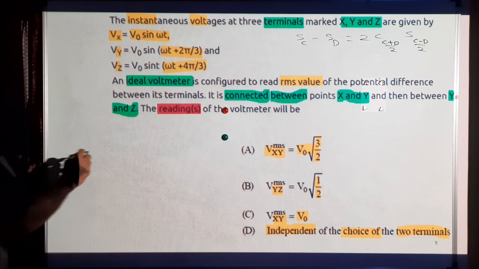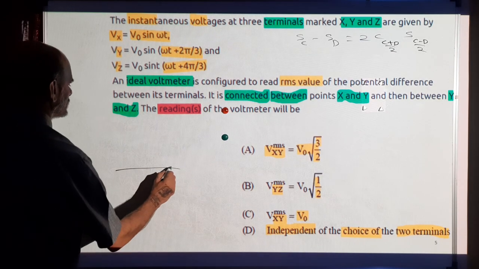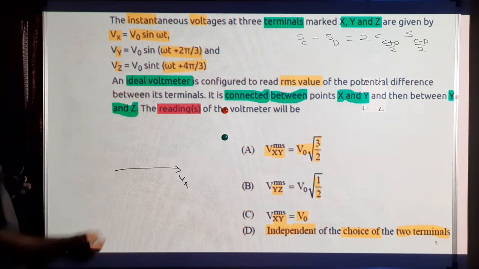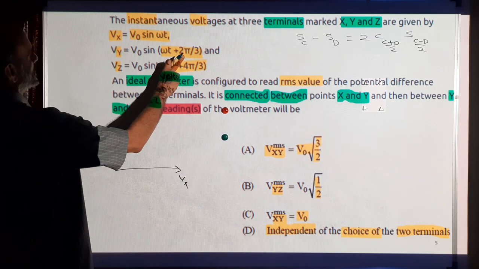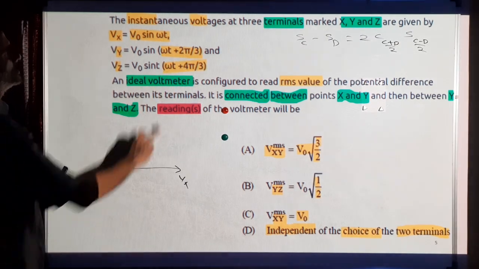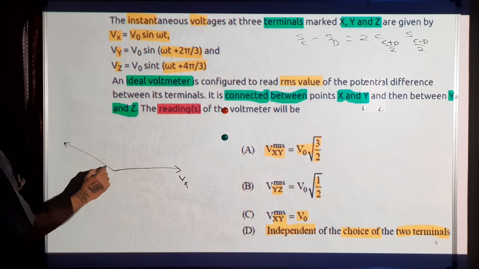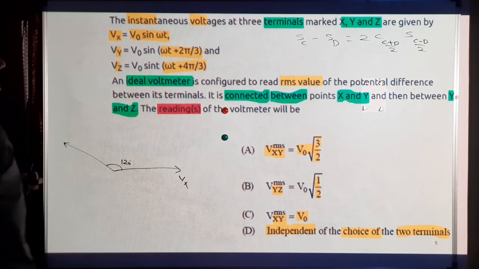So if I represent Vx like this, Vy is ahead by an angle 2 pi by 3. 2 pi is 360, 360 by 3 is 120. So 120 degrees will be like this. This much is 120 degrees or 2 pi by 3 radians.